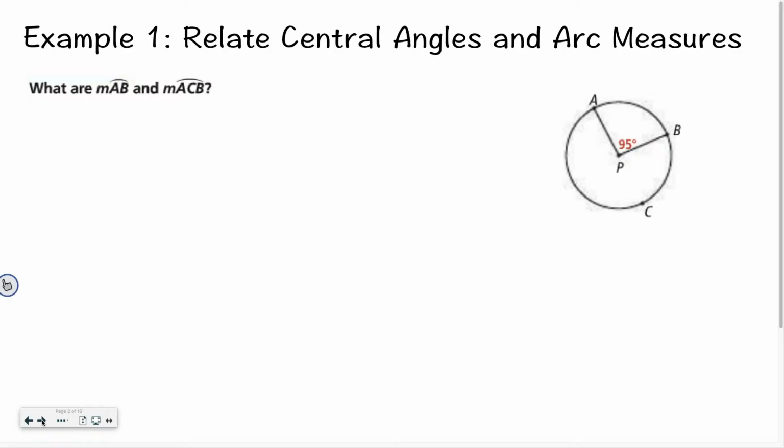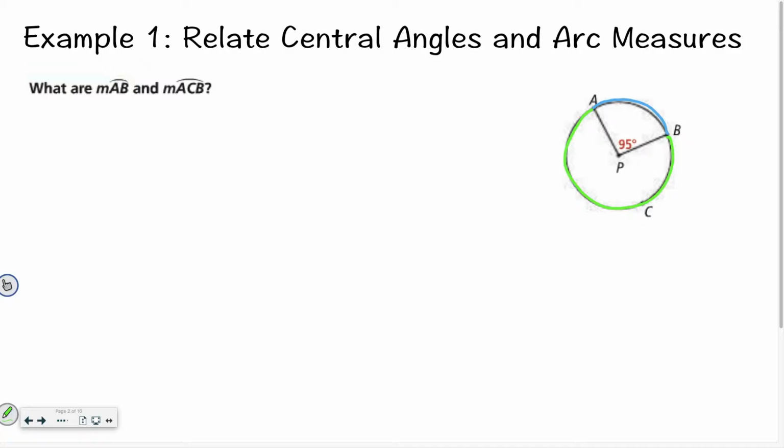So what are the measures of arc AB and the measure of arc ACB? Now if we look at this circle, if I just said, what is the arc of AB? Some of you might naturally go straight from A to B. Some of you might have said, well, I can go from A to B this way. And technically, you're not wrong.